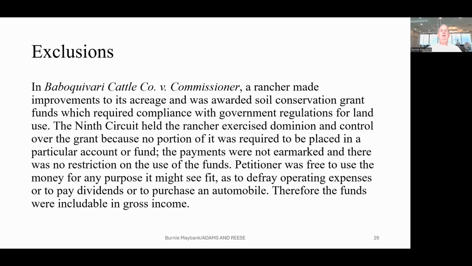The court held the petitioner was free to use the money for any purpose it saw fit, for example, to defray operating costs or to pay dividends or to purchase an automobile. Therefore, the funds were includable in gross income. Again, that's a case you want to read very closely, because with a little bit of lawyering, you can meet the lack of dominion and control doctrine.